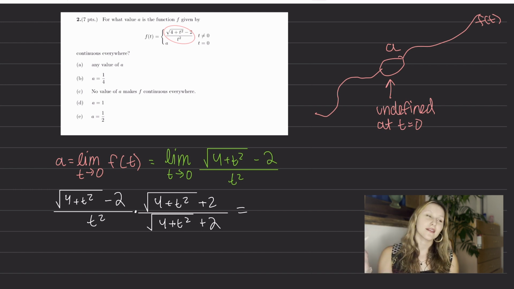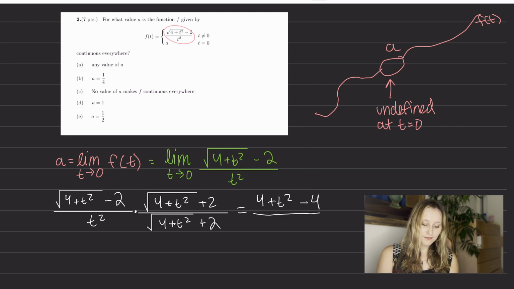See if any t cancels out. Great, so let's simplify that. We get 4 plus t squared. Let's FOIL it, so the top is going to be the first 4 plus t squared minus 2 square root of 4 plus t squared plus 2 times the square root of 4 plus t squared. Cancel that out, minus 4.